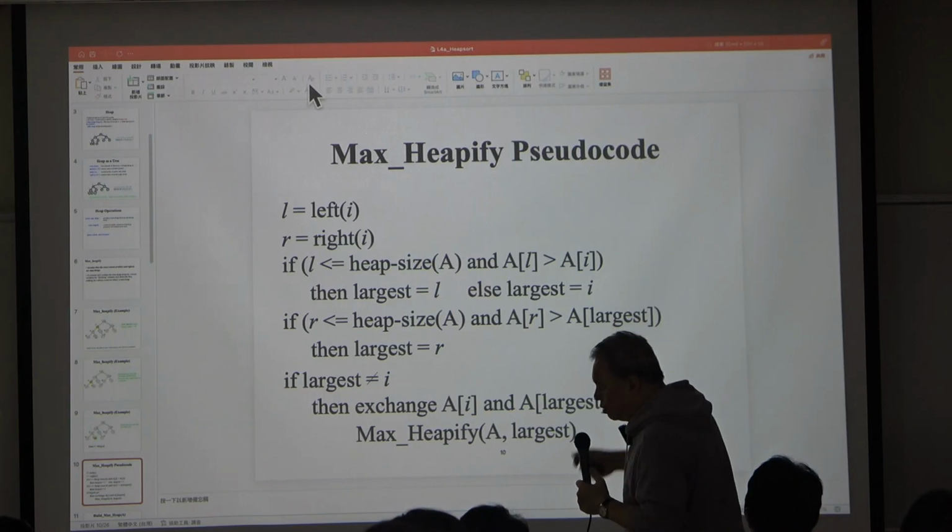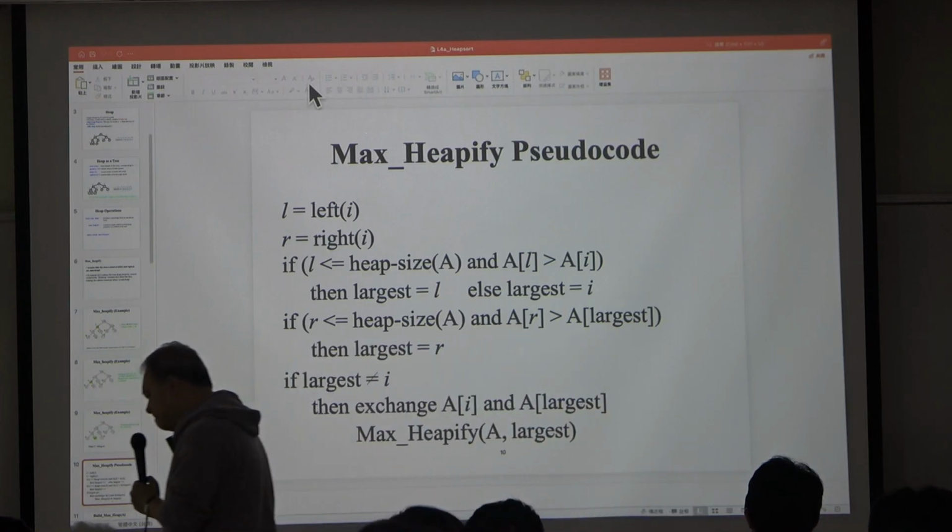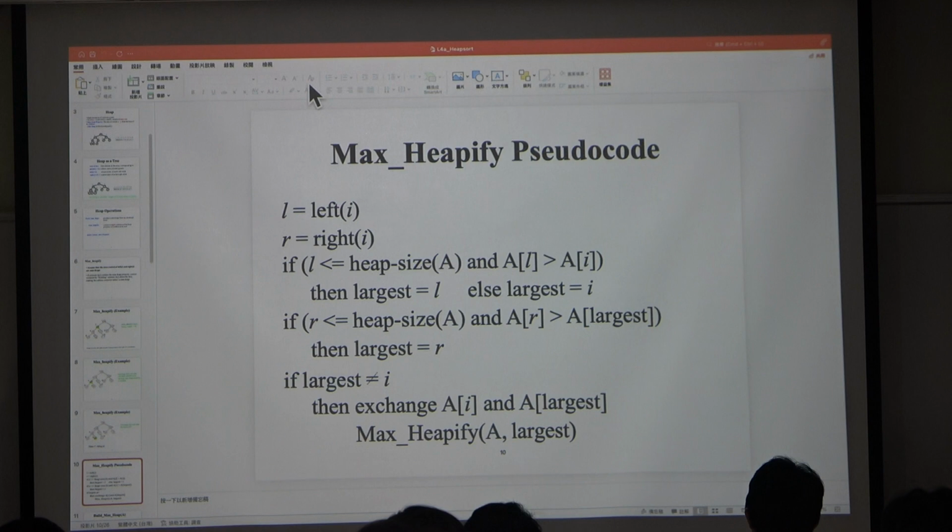This is just what I was doing previously. So this max heapify fixes one issue, if that node is the only one that has this violation.